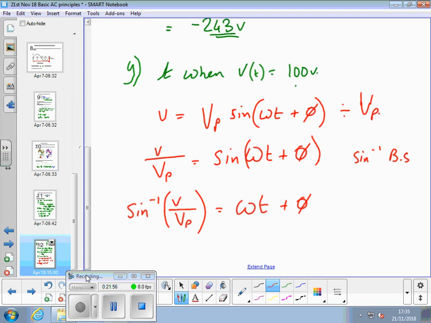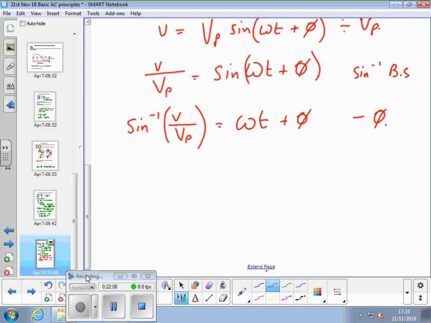What do we shift next? Subtract theta. So sine to the minus 1 of little v over vp minus theta is equal to omega t.